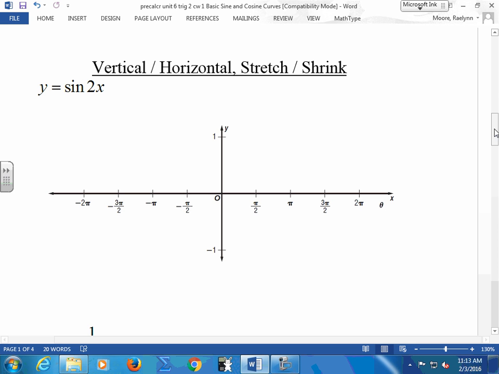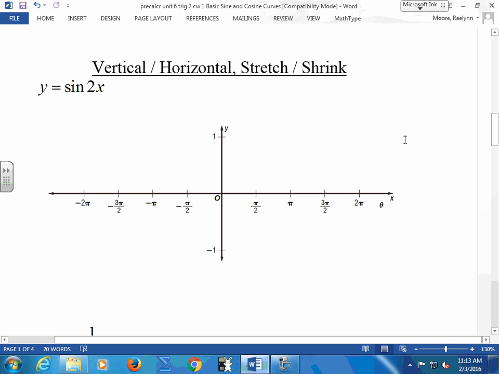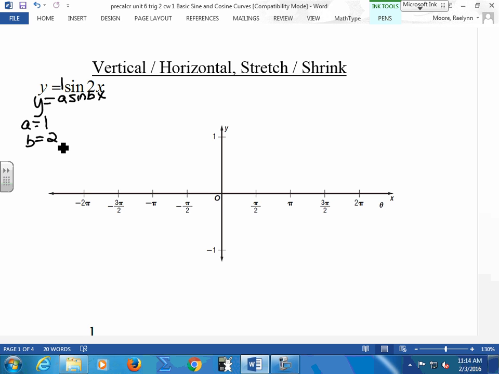So right now, we're going to change, let me put some color in here, orange. What's my amplitude going to be? 1. What's my frequency going to be? 2. Now, pick up your transformation sheet for me for a minute. Look down where it says horizontal.